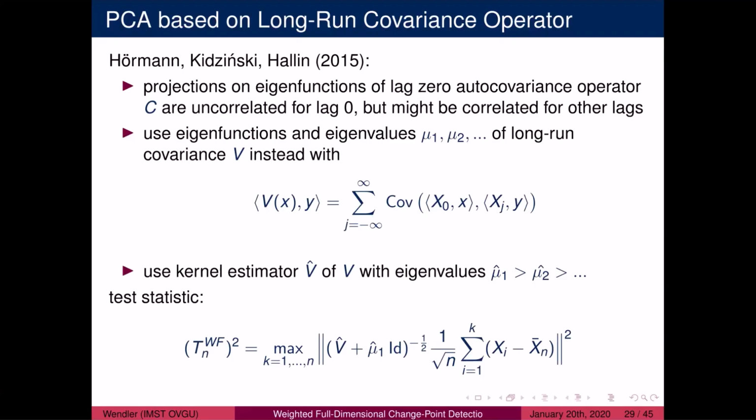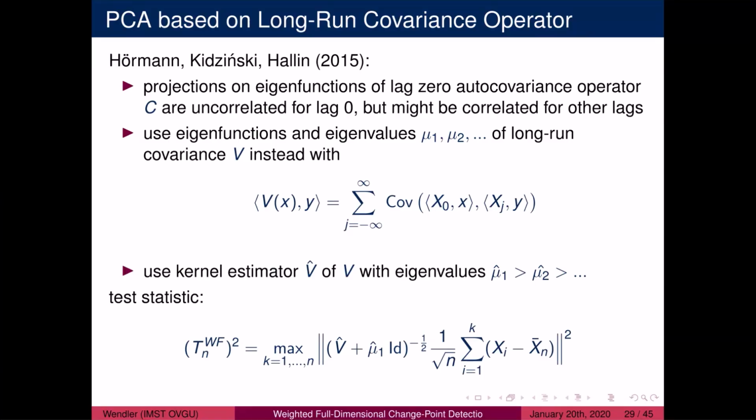What you should do instead is look at this long-run covariance operator and use its eigenvalues and eigenfunctions. This way, there might still be correlation, but over the long run, the correlation cancels out. We look at the partial sums, so we get this sum of autocovariance operators, so we are accounting for these situations.